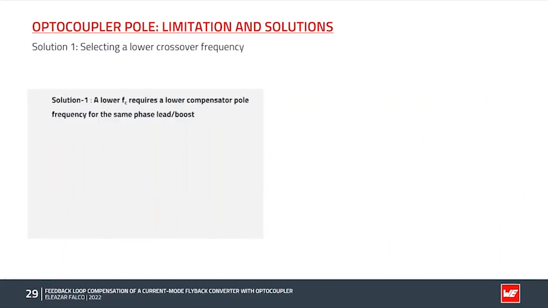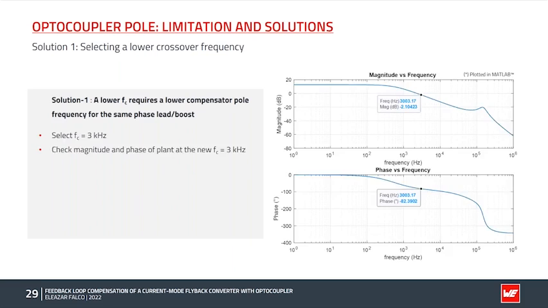The first solution which might come to our mind is simply to select a lower crossover frequency, so that a lower compensator pole frequency is required, staying within the range that the optocoupler can do. So we try with 3 kHz. We check the magnitude and the phase of the control to output transfer function at 3 kHz in order to get the new compensator requirements.